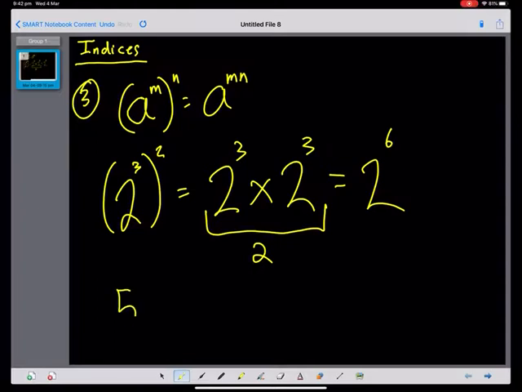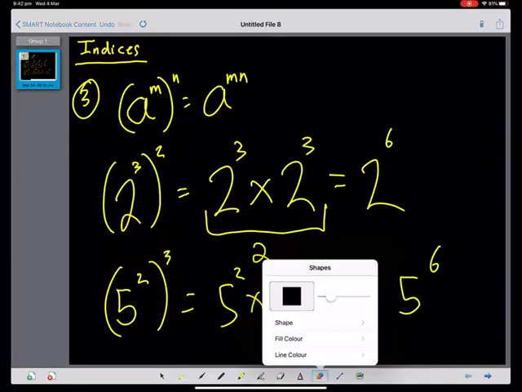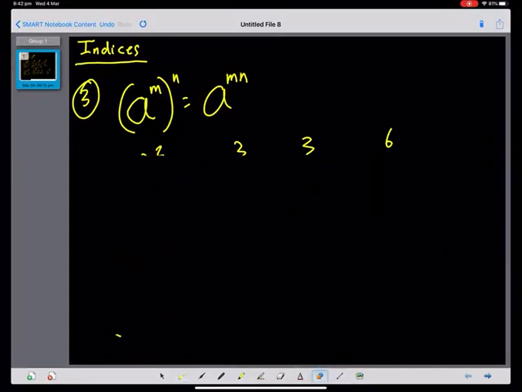Let's do 5 squared 3 times. So that is 5 squared times 5 squared times 5 squared, which is 5 to the 6. So 3 is just really an application of rule 1. So let's have a look at some numerical examples.